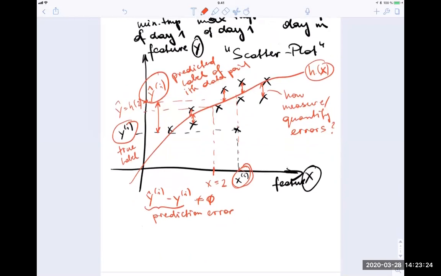What loss function could we use to measure this prediction error? Well, maybe one of the most popular choices is the squared error loss, which just is the square of this prediction error.